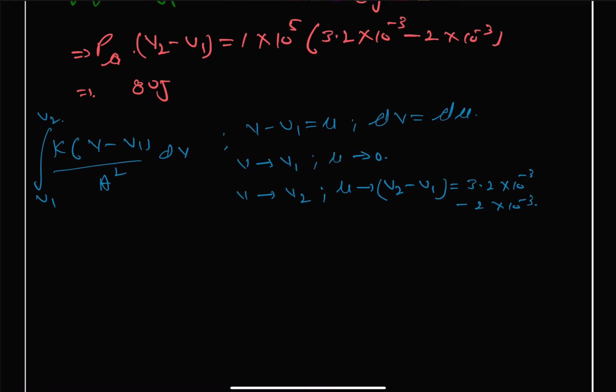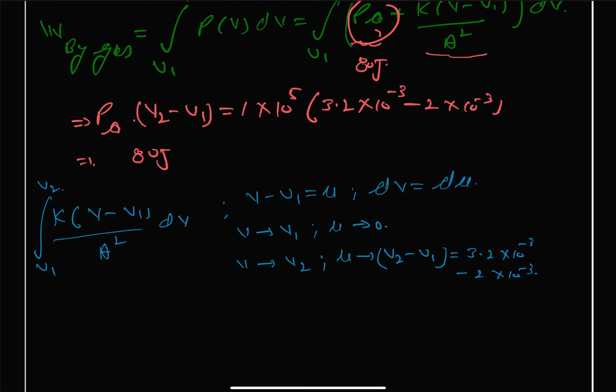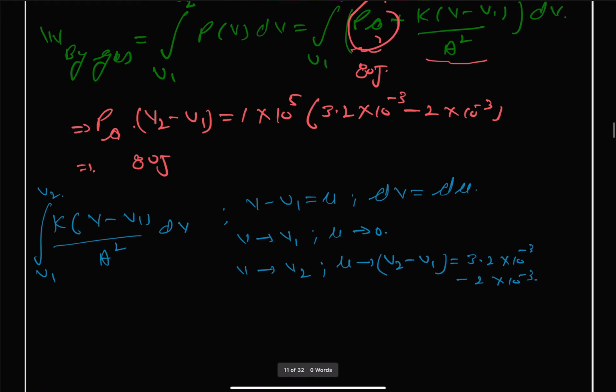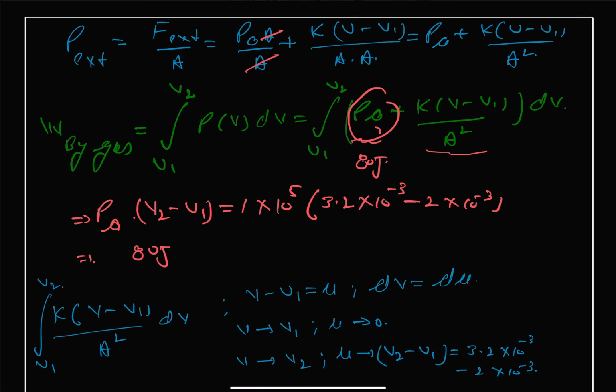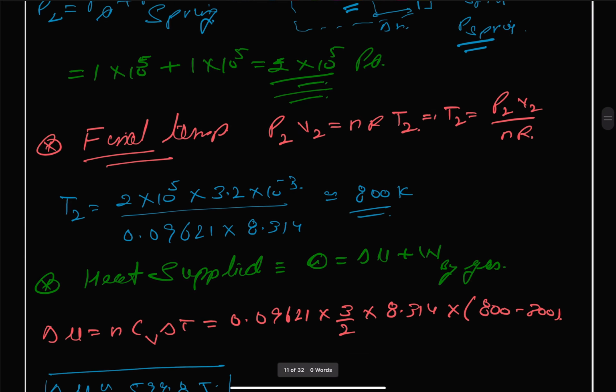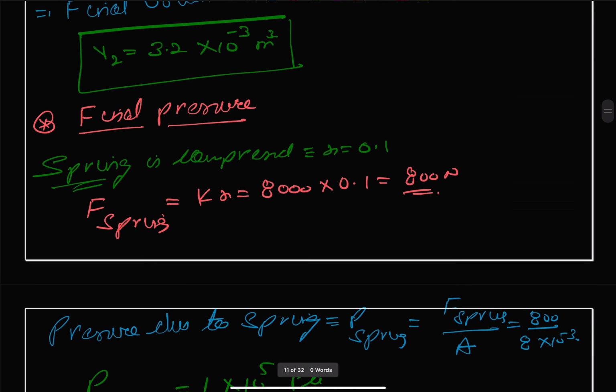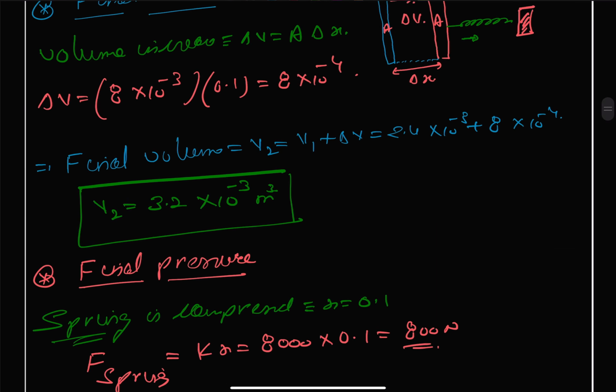One second, something is wrong. V2 is 3.2. Yeah, the change in volume is 8.